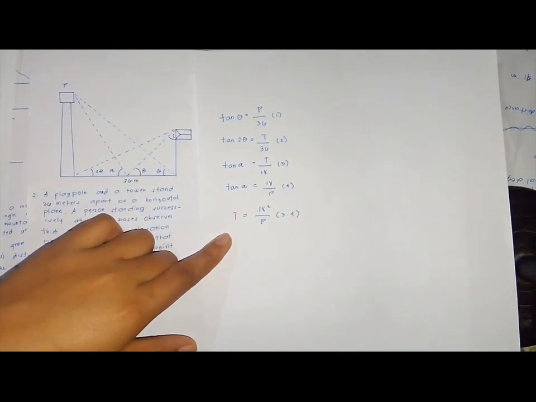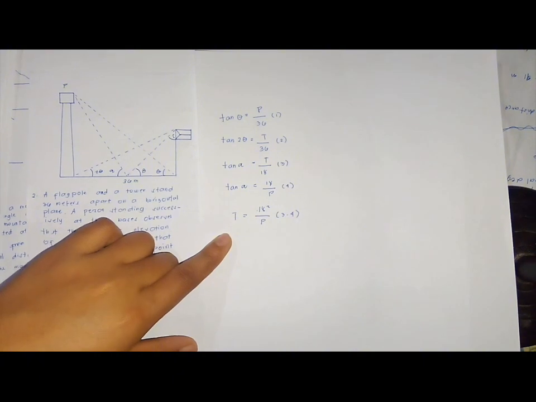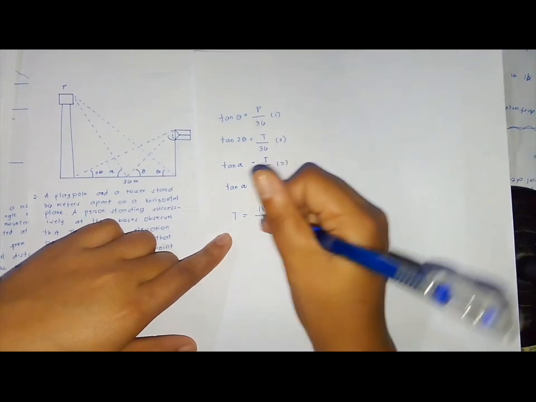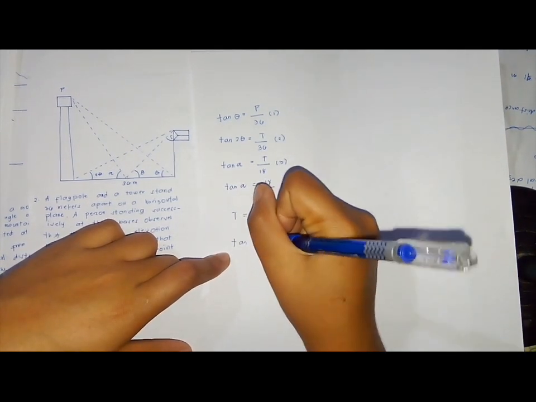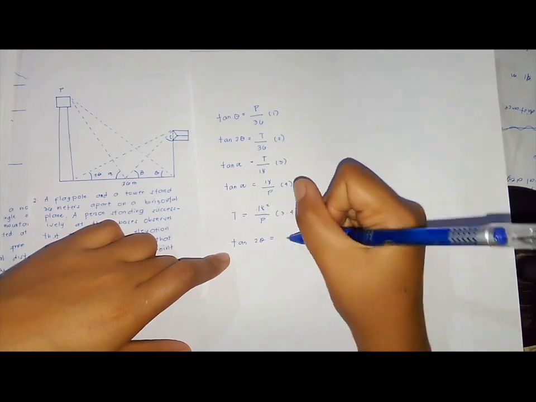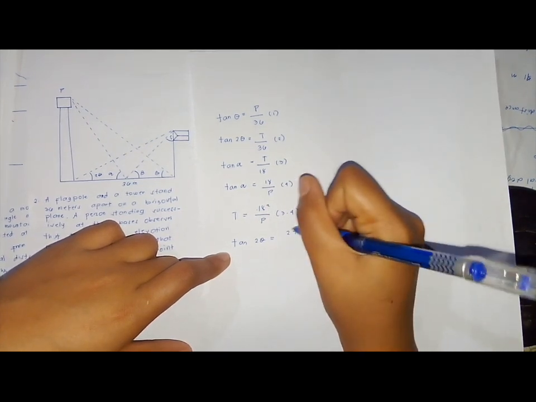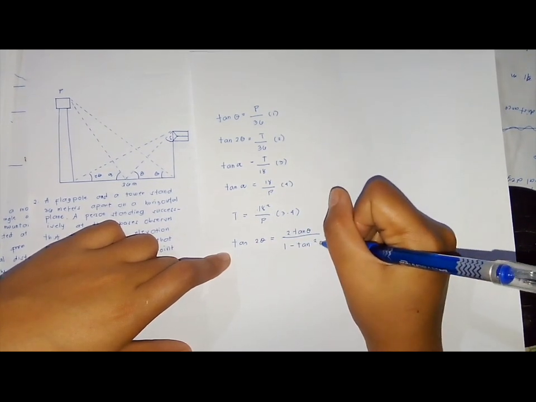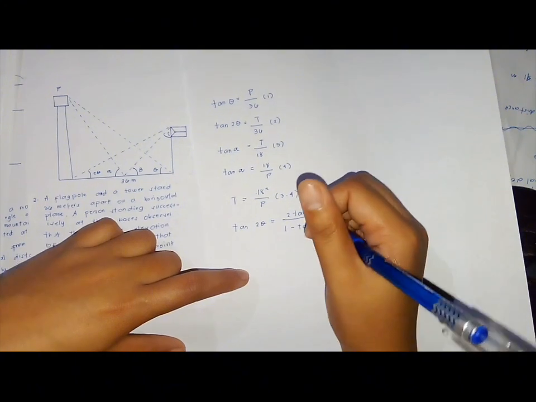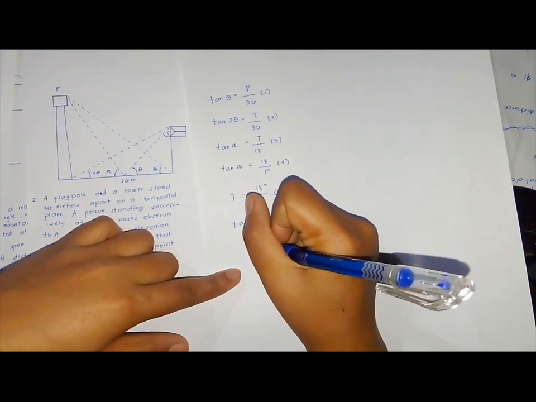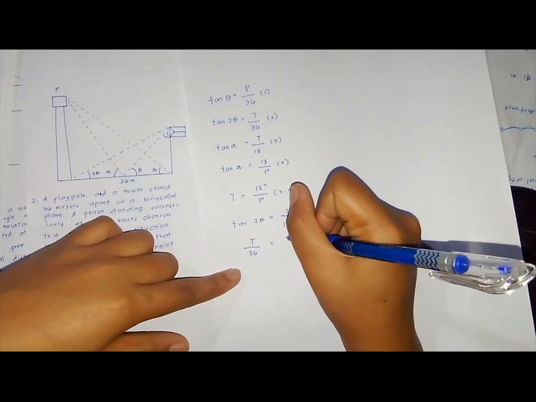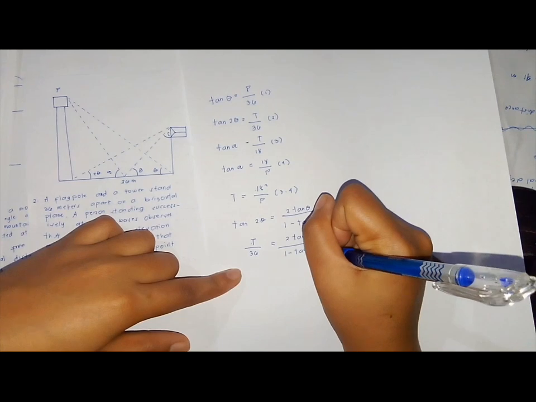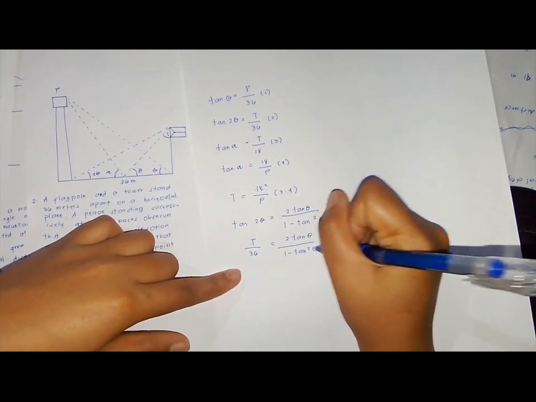So we need to simplify this one. We have here tan 2 theta is equal to 2 tan theta over 1 minus tan squared theta.